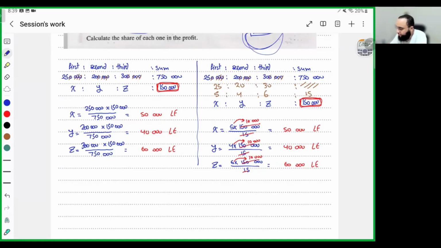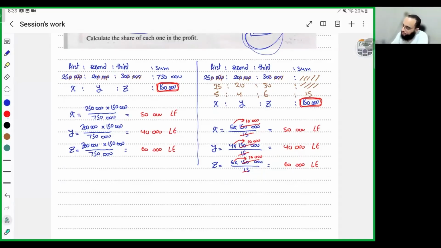Both are correct. You can do it like that and you can do it like that. This way is correct without any simplifying. This way is correct if we did it after simplifying.